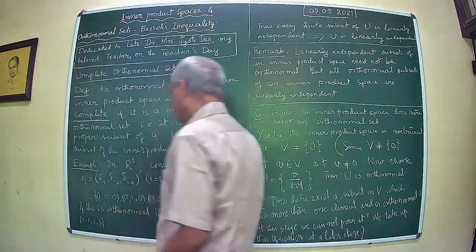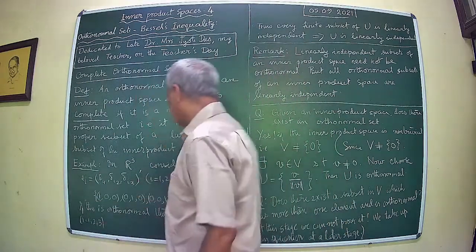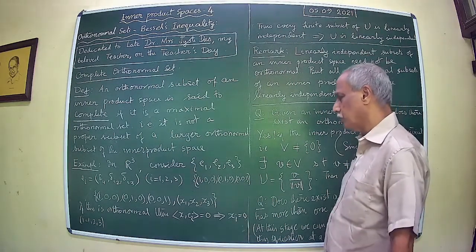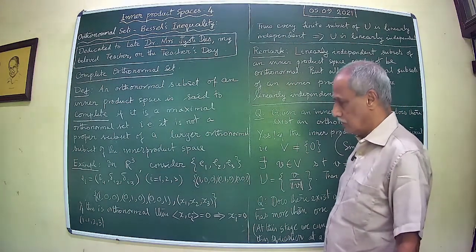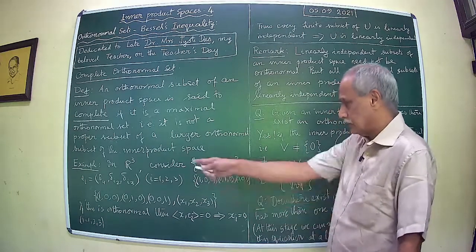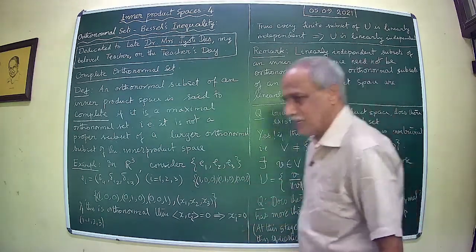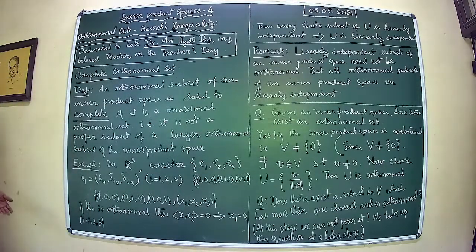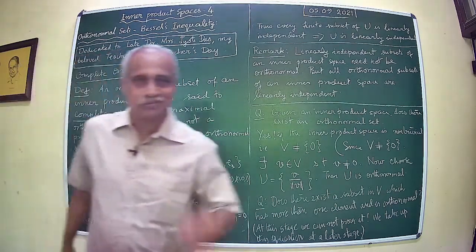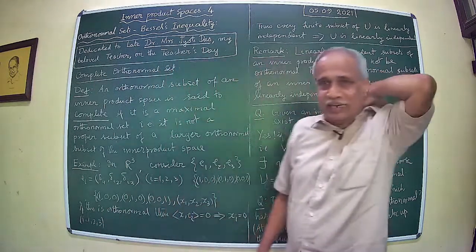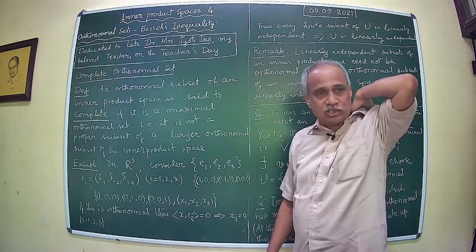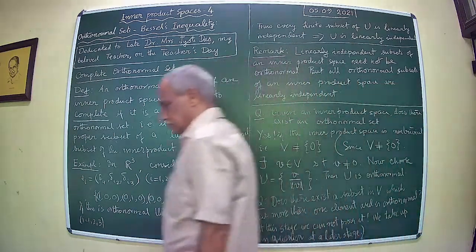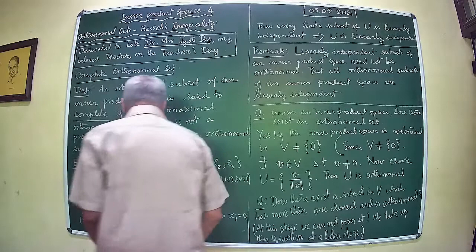What does it mean? This set is orthonormal. Then the only possibility is that x1, x2, x3 is 0, the zero vector, and that is not allowed, so you don't have any orthonormal enhancement of this set. This cannot be a part of any larger orthonormal set, or in a sense this is a maximal orthonormal set.